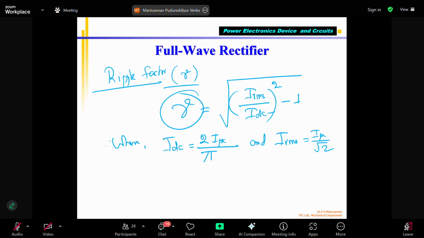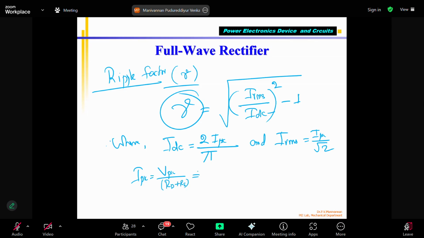No doubt. How will you find out I peak? I peak equals V peak divided by RD plus RS.